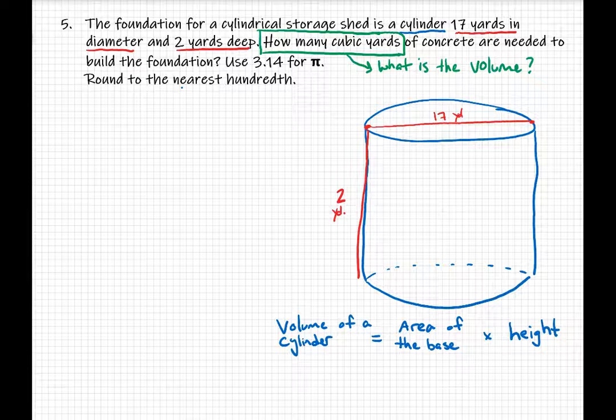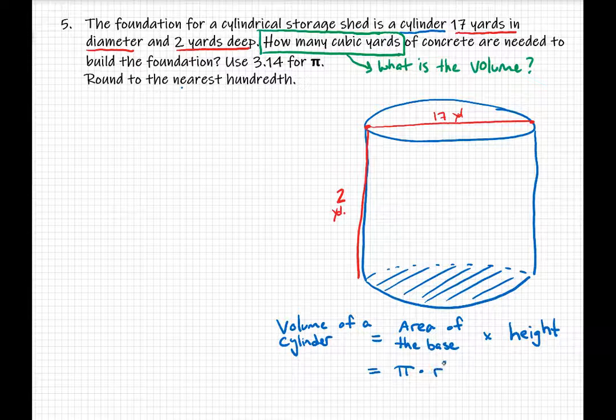So our base is a circle. So area of the base is area of a circle, which is pi times the radius squared. And then we're going to multiply that by the height.